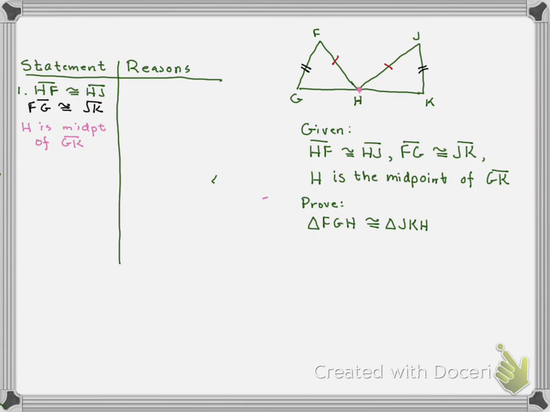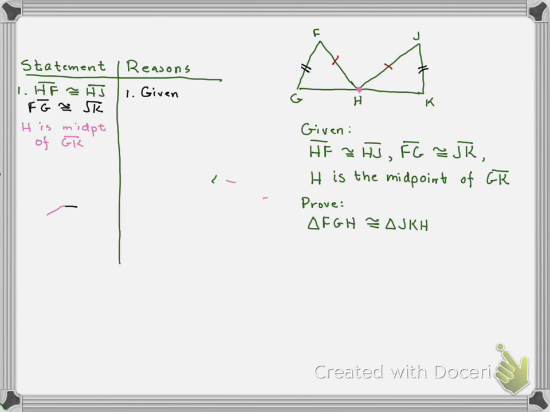The midpoint implies that it's cutting something in half. That's middle. So if H is the midpoint of the length GK, that means that GH is the same length as HK. That is the implication of H being the midpoint. I'm going to backspace that away just for a minute here so we can finish up that first statement by saying that's the given.